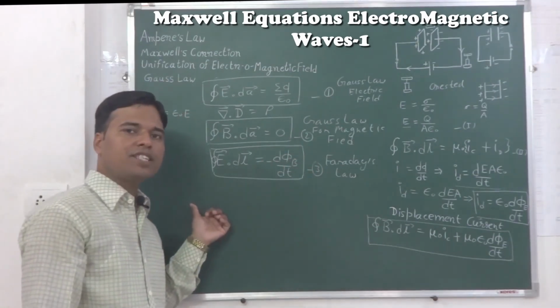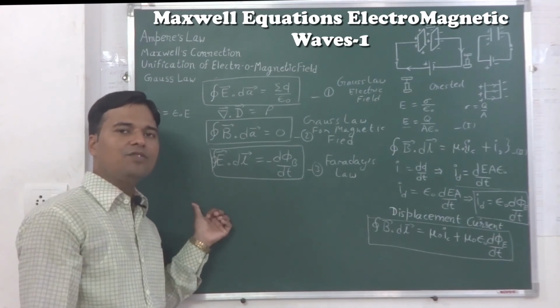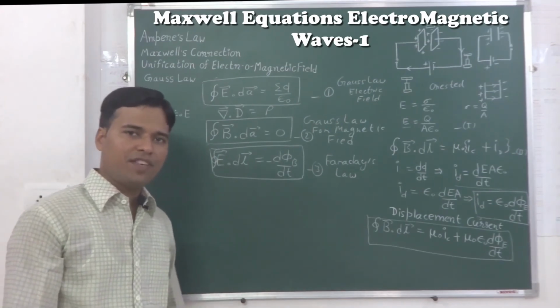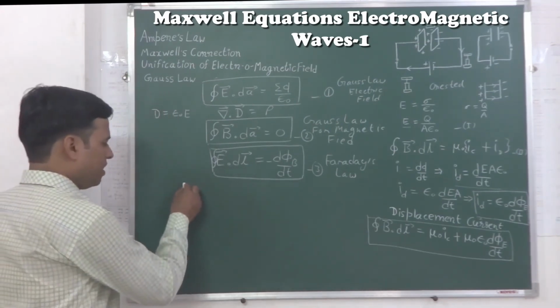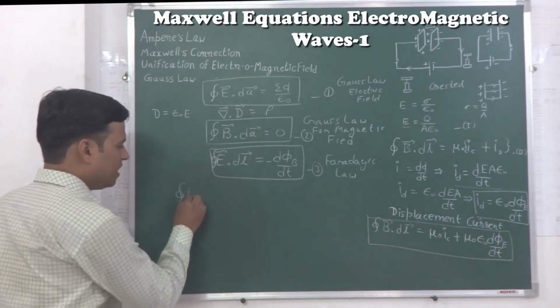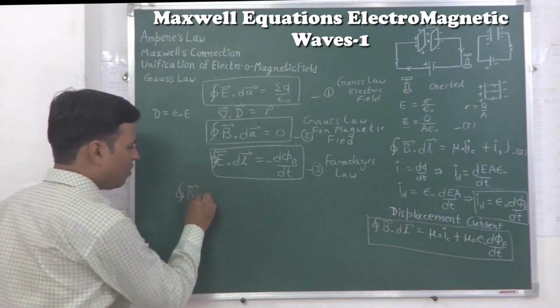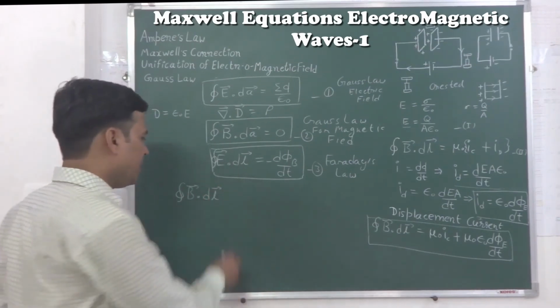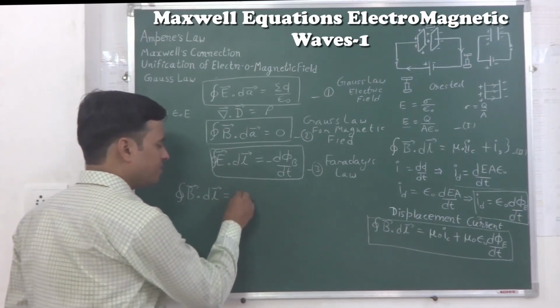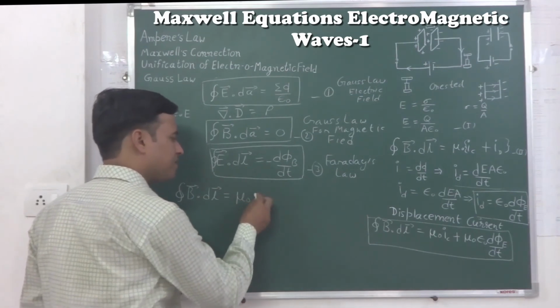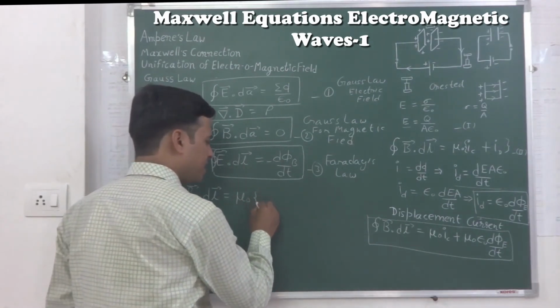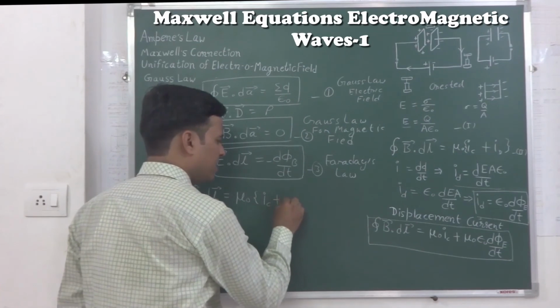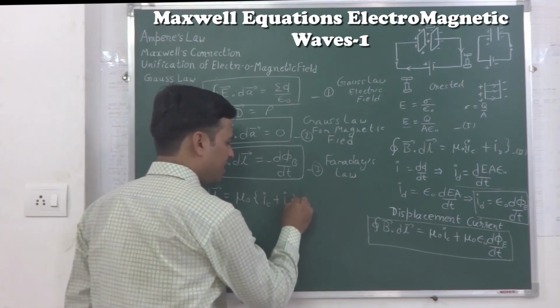The fourth Maxwell's equation is now known as the Ampere-Maxwell equation. According to that, the line integral of magnetic field over a closed loop is given by permeability times the conduction current plus the displacement current.